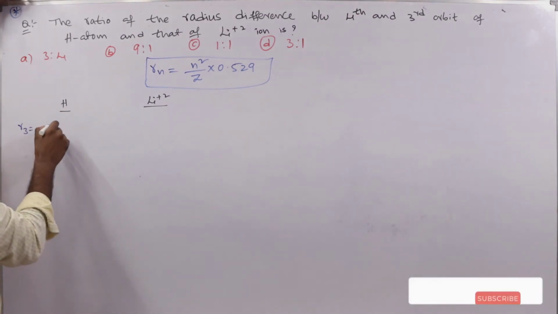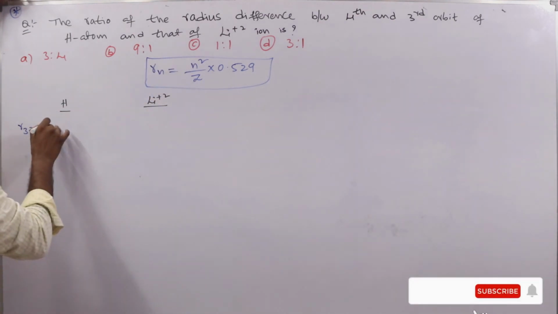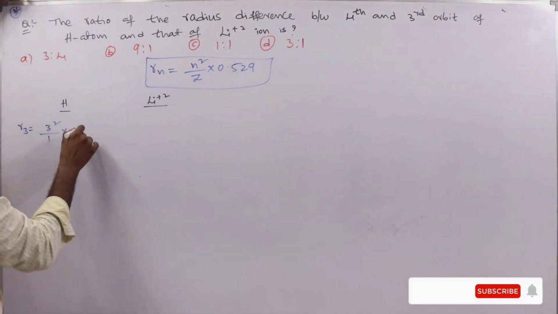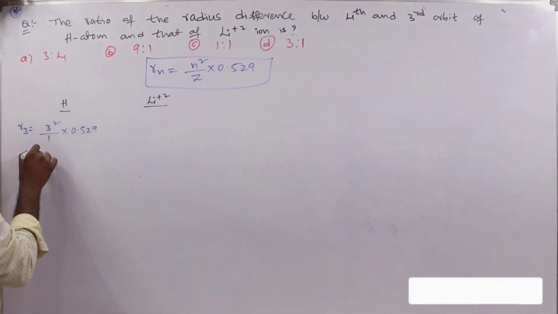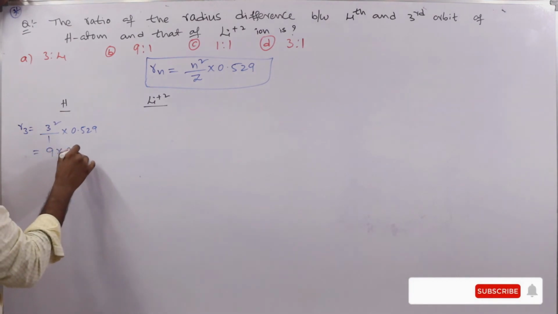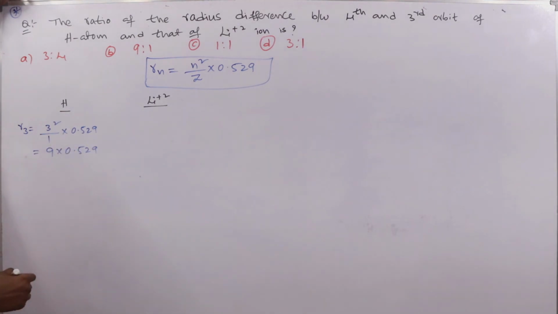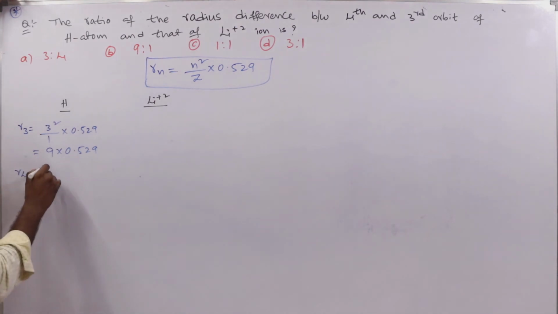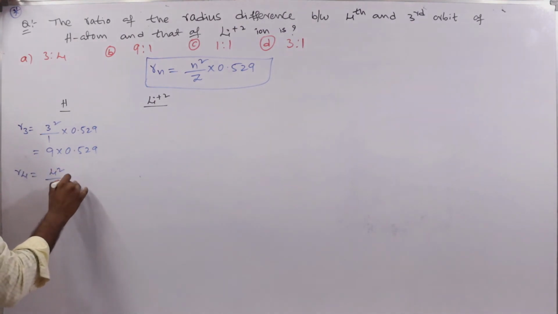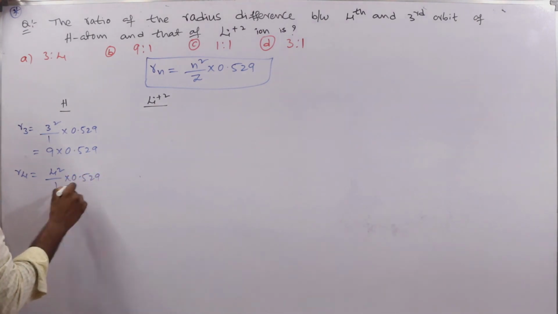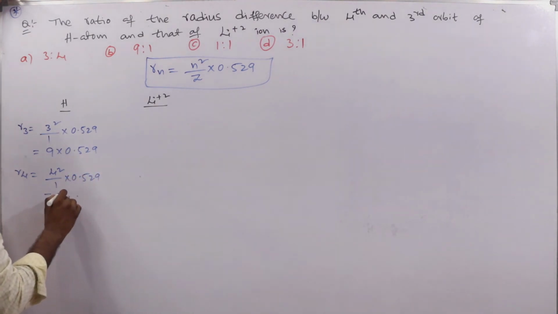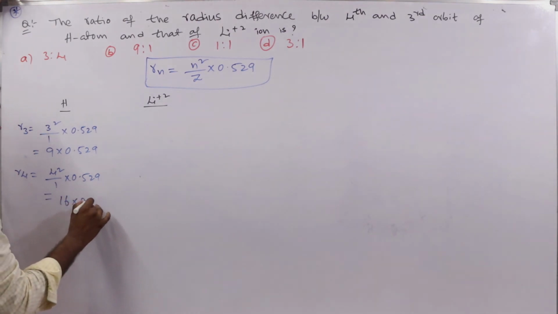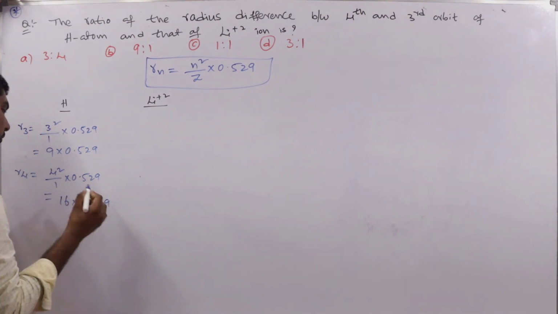So here R3 equal to 3 square by Z, which is 1 for hydrogen, into 0.529, that is equal to 9 into 0.529. And R4 is 4 square by 1 into 0.529, that is 16 into 0.529.